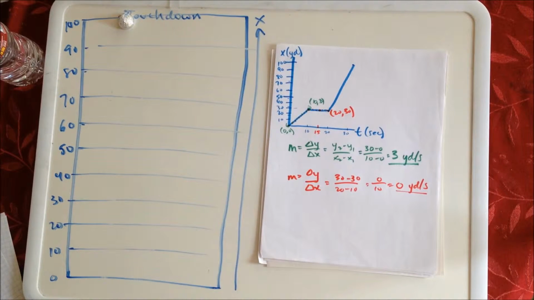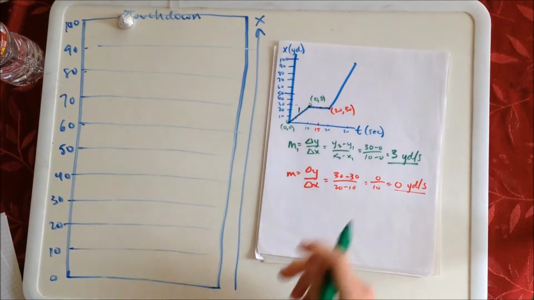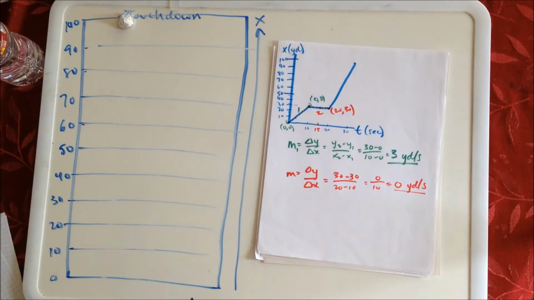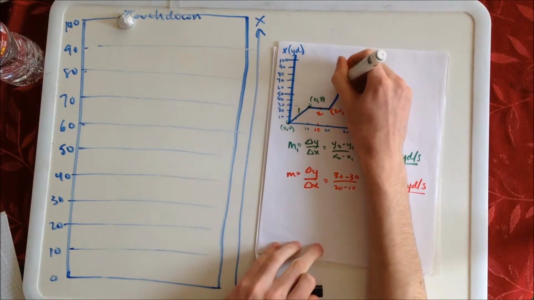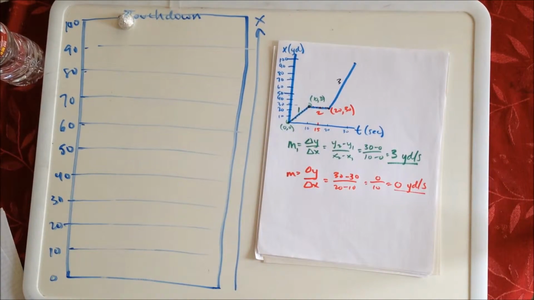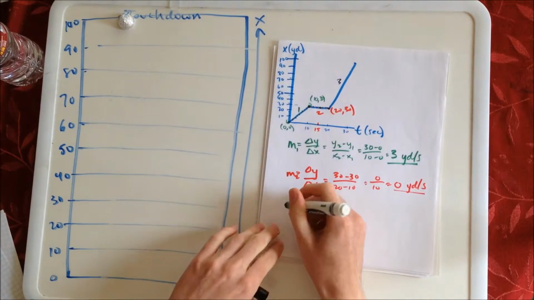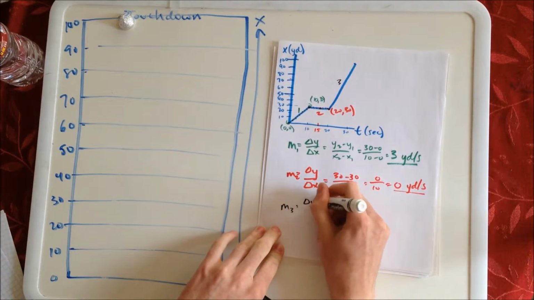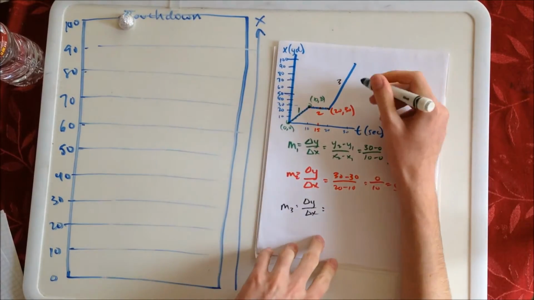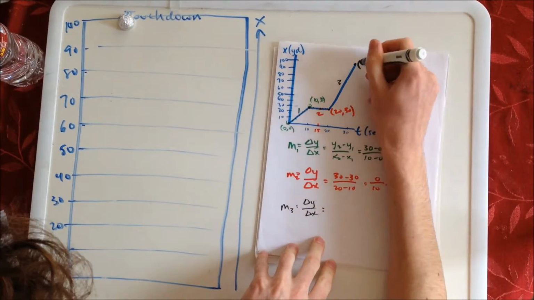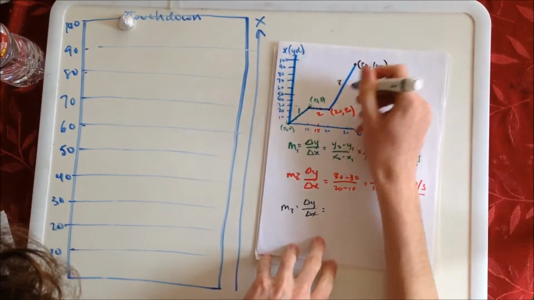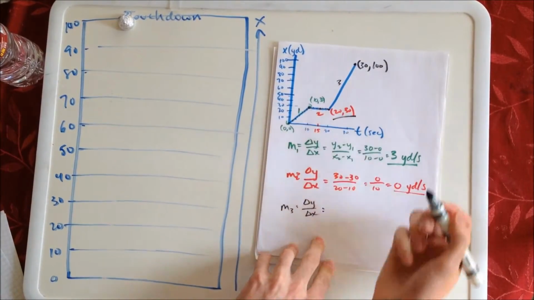And then if I ask you to do the last one, which I hope you could do by now, I'll use green again. We'll call these 1, 2, oh, the black pen, 3. So if I was to find M3, the slope of this third portion, that's also delta y over delta x, which equals, this final point is 30 seconds, 100 yards, and the beginning is 20, 30, this point here.